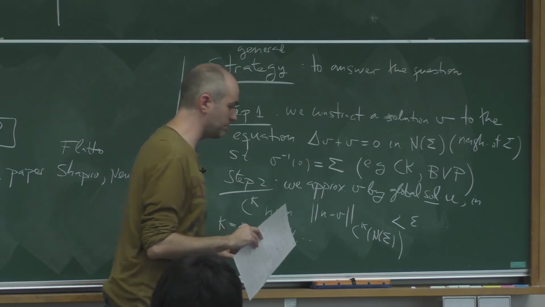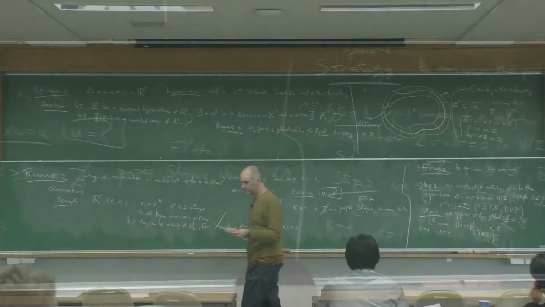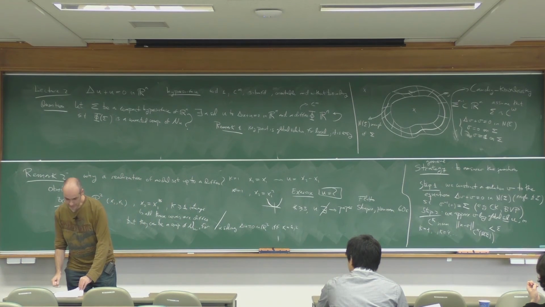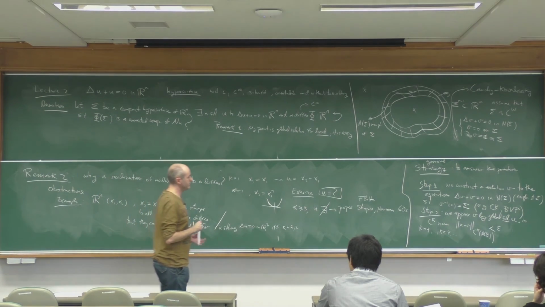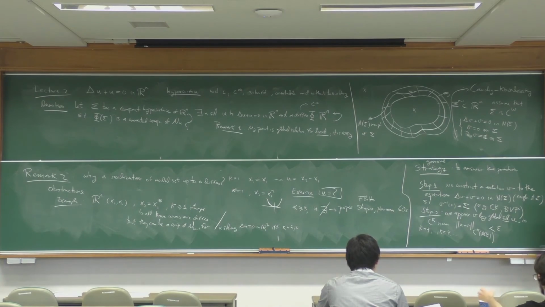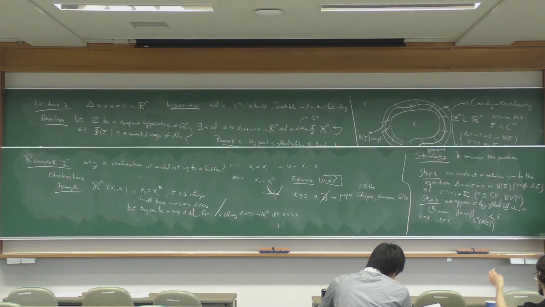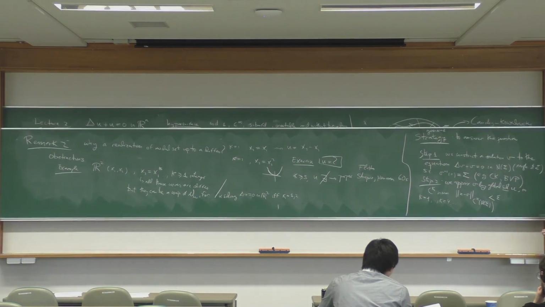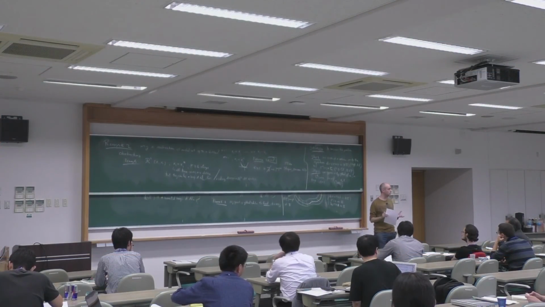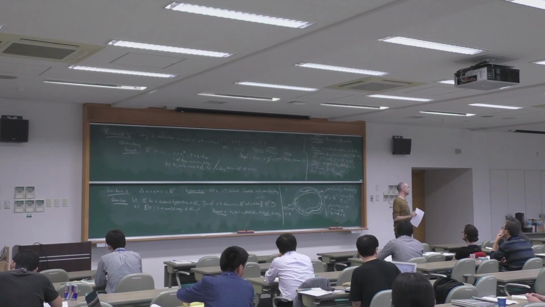So this is the second step. But there is something that one has to control here, and it's the following. You have constructed your local solution with your zero set, and now you have a global solution that is close to the local one in a good norm.